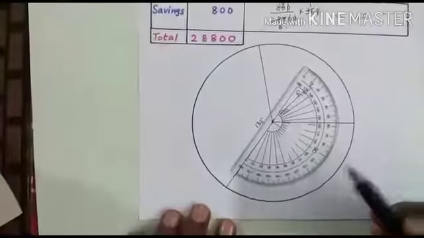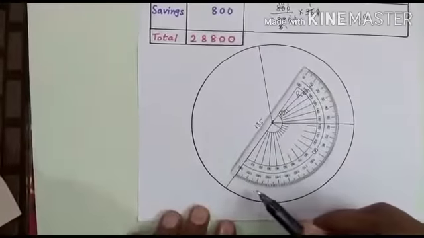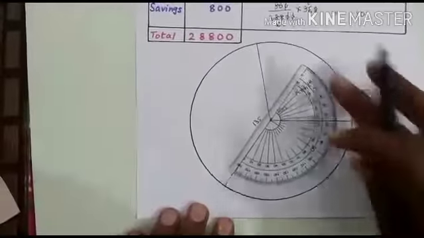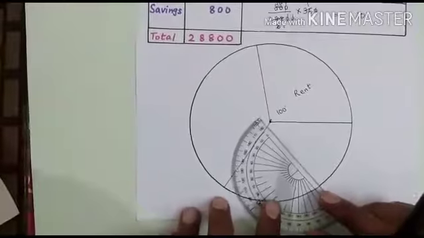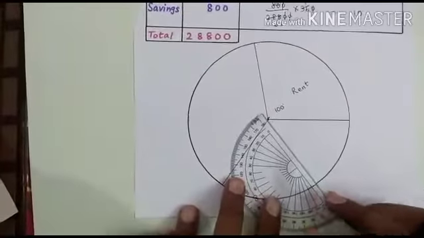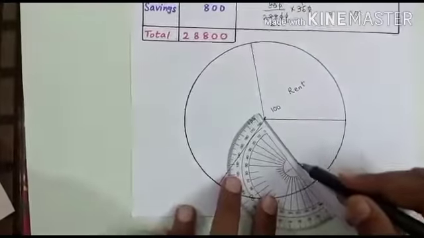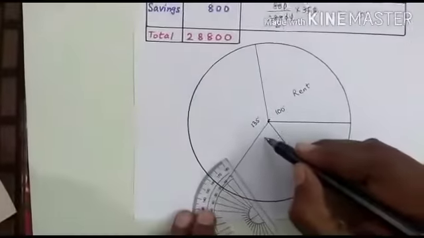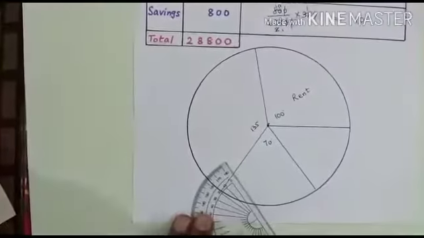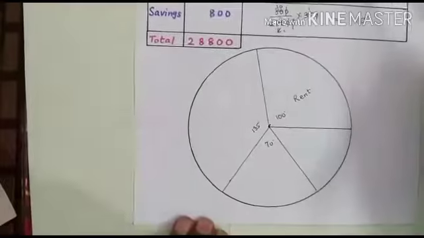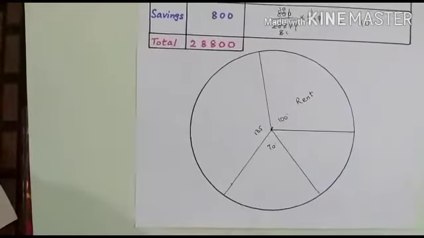We have to put it like that and count from that side 0 to 70 is here. So put a dot and join this line. This is the 70 degree. And on education we will draw 45 degrees.